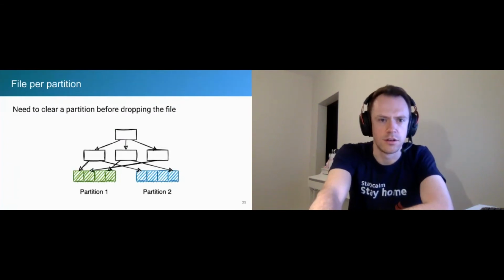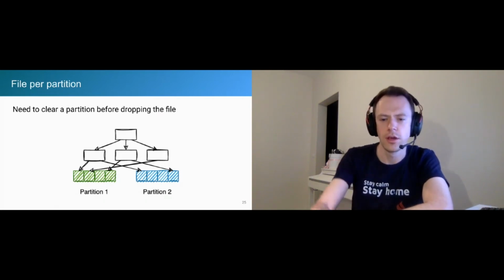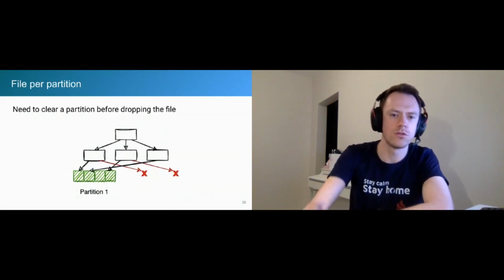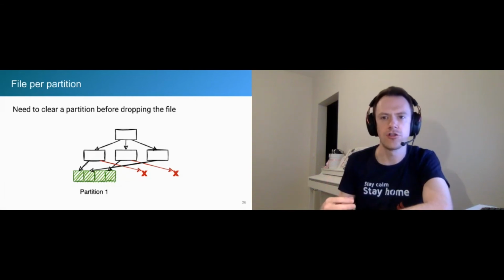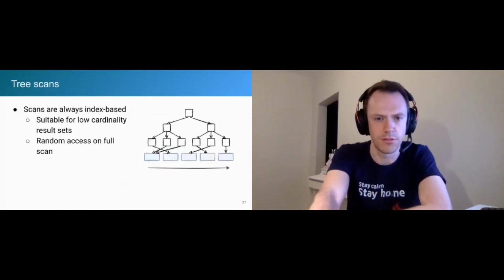The downside of this approach is that if you have secondary indexes, it's not very easy to drop a particular partition, because for example, if we have a shared index for two partitions and we were to drop the second partition, we would end up with a broken index. So that's why before actually dropping the partition file, Ignite has to clear the data records one by one, and only then release the file.